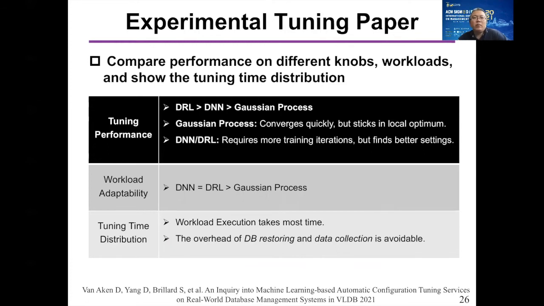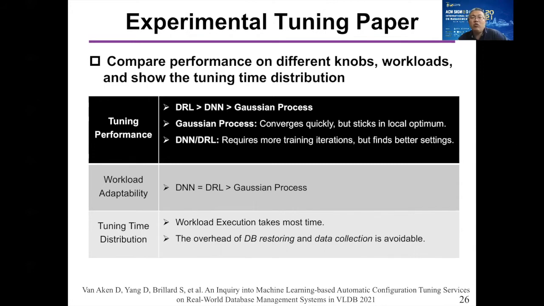For the tuning performance, reinforcement learning is better than DNN and better than Gaussian process. And Gaussian process can converge quickly, but may fall in some local optimum. And the DNN requires some more training iterations, but finds better settings for adaptability.